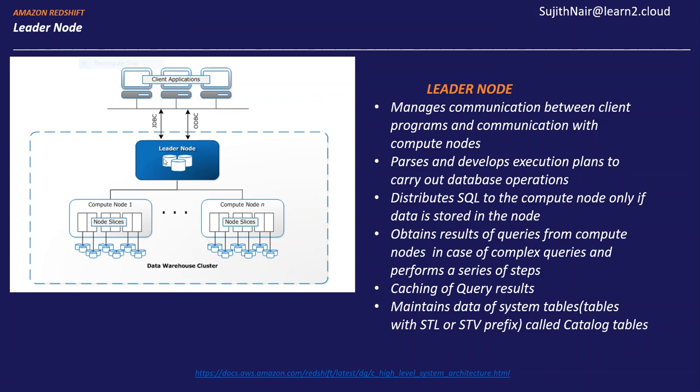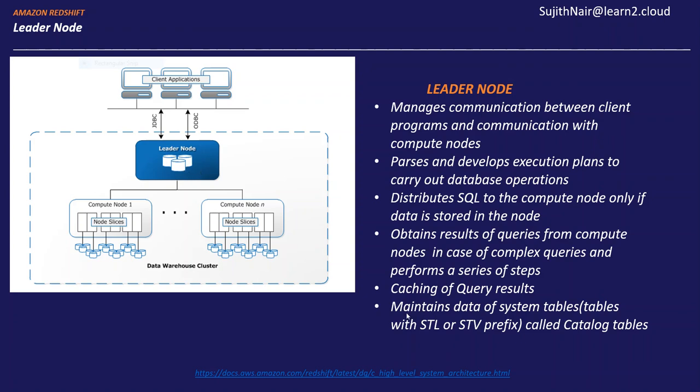So the leader node will actually cache the query results, so that it does not have to unnecessarily expend time, energy and effort to rerun this query again. If the underlying data has changed, then of course it will go ahead and rerun the query. But if there is no change in the underlying data, it will simply have the data stored in memory, and the leader node sends the query results directly from the cache.